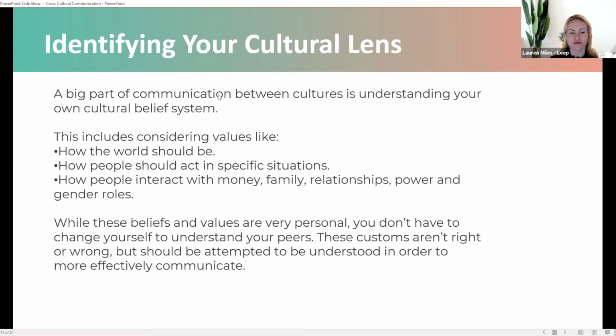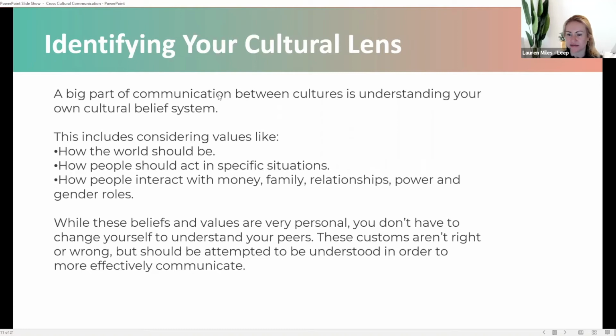And one thing that I really want to make clear is that while these beliefs and values are really personal, you don't have to change them. It's just about being aware of them so that when you're interacting with other people, you're aware of how you might react to different beliefs and values.